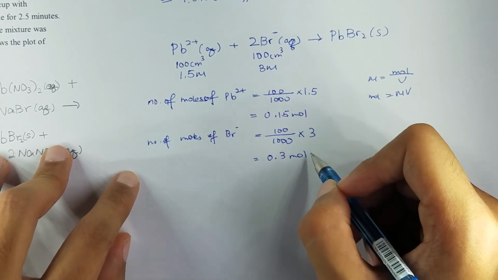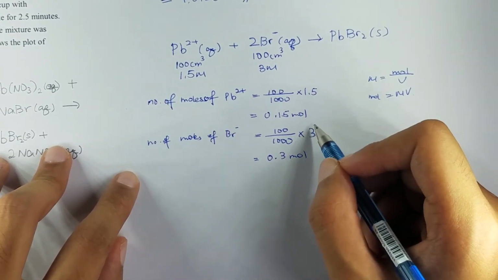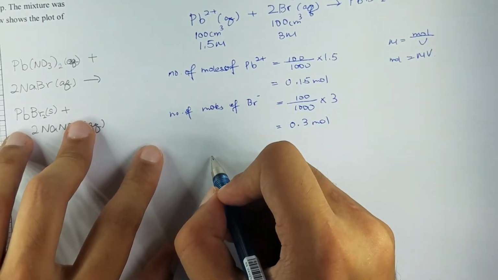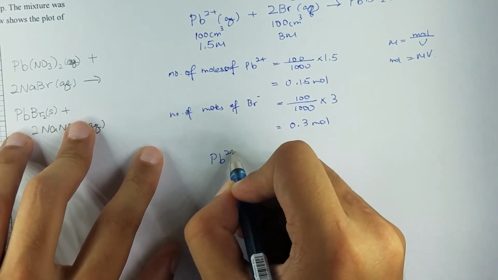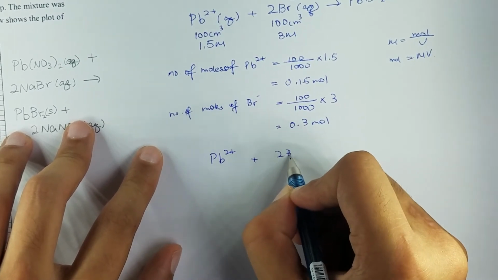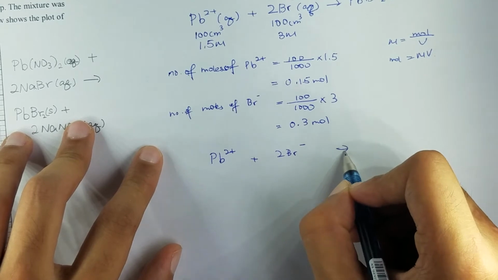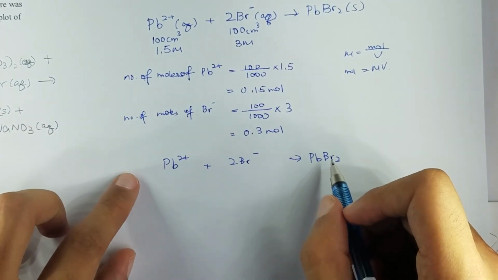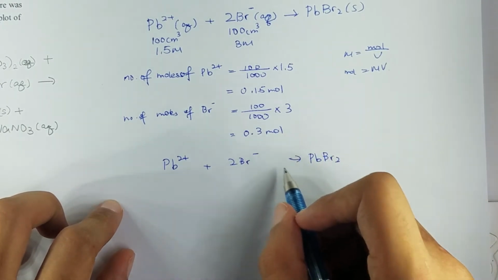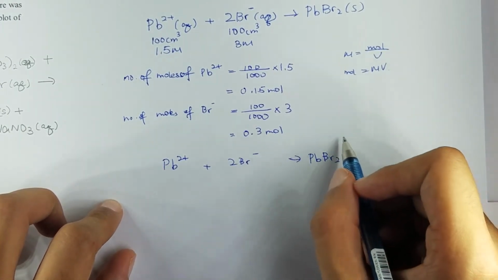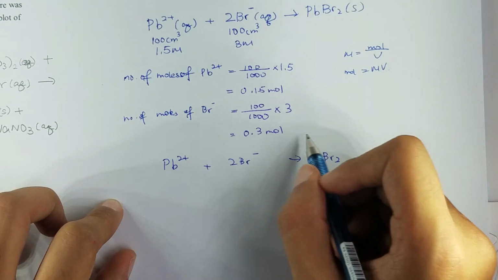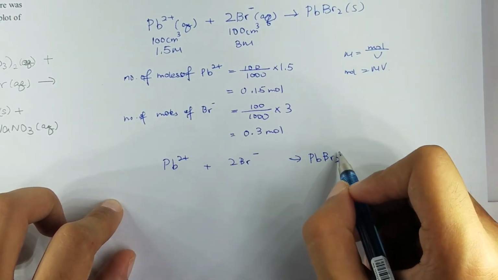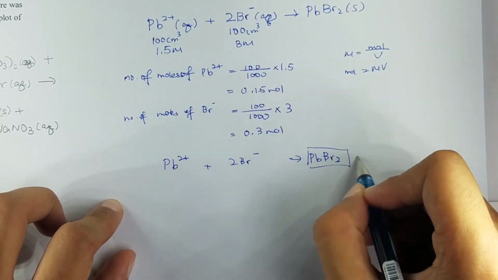Alright, now we have these 2 moles found. Next we have to ask ourselves which one is which. So we have Pb2+. Now this one can be done in rough work to find out which one is limiting or not. At the end of the day, we are finding how many moles of lead bromide is formed. So our objective is to find this one.